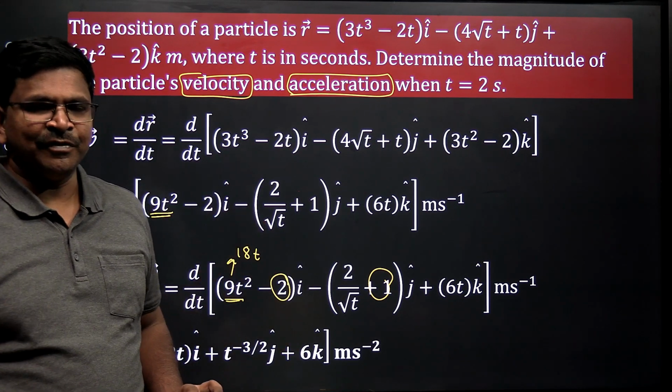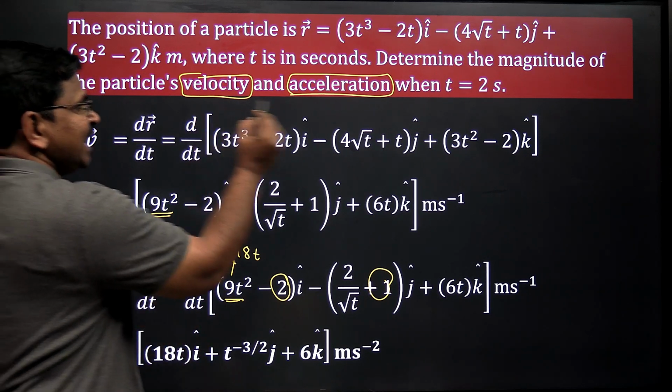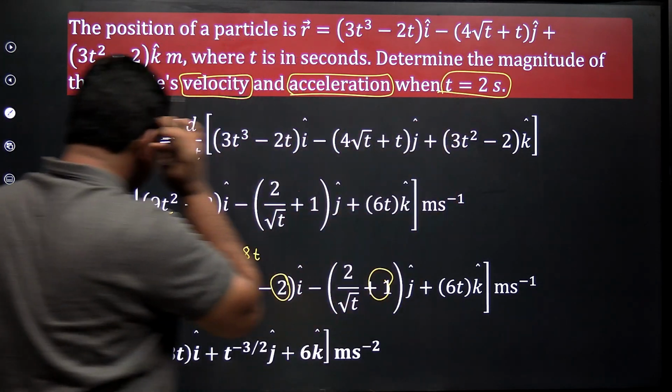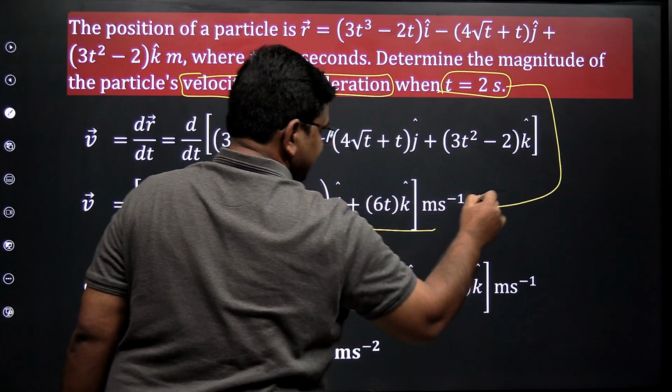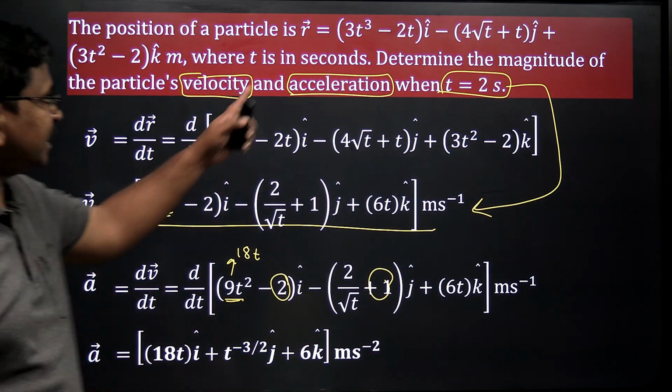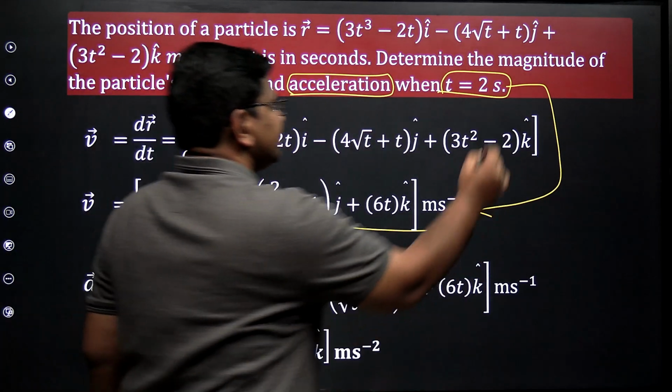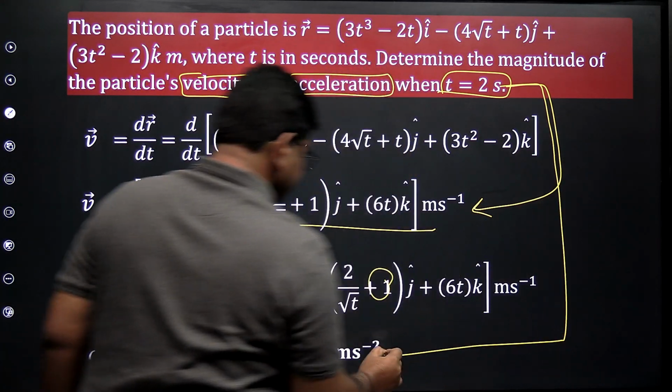Now we are done. Finally, to get the velocity and acceleration at time t equal to 2, we just substitute t equal to 2 seconds.